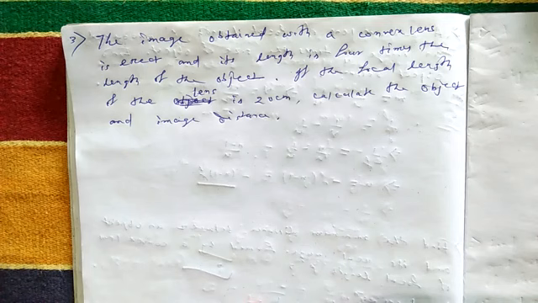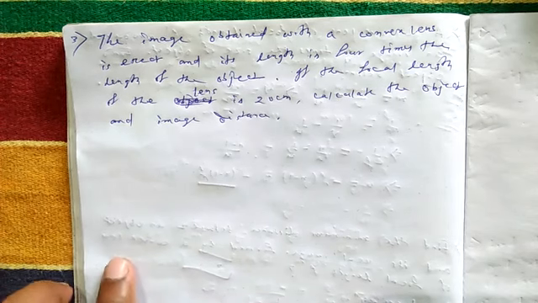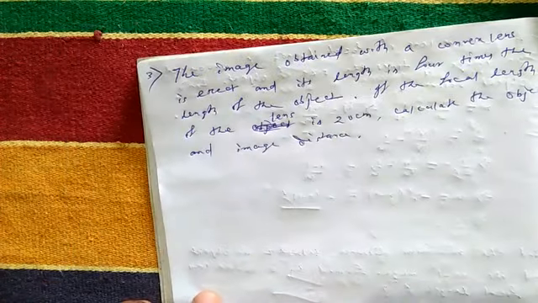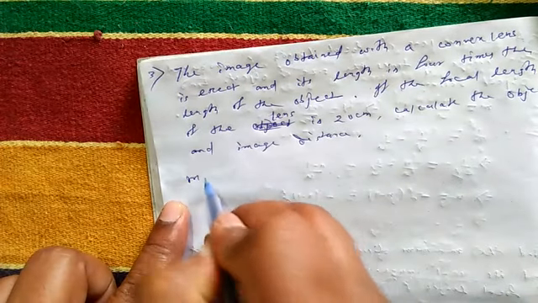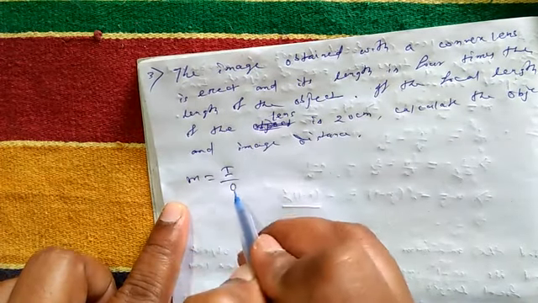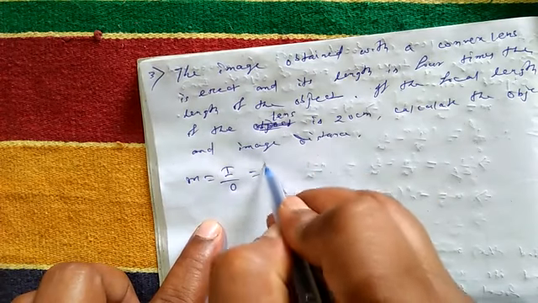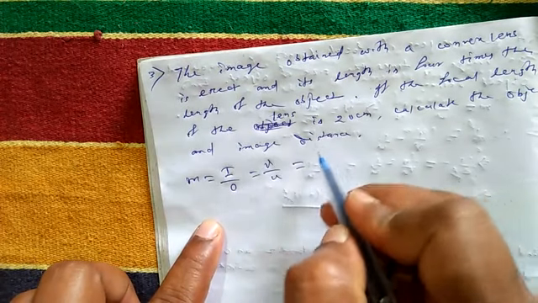So here given, this is obviously virtual image because the image is erect. That is why it is virtual image. So the magnification is given m is equal to I by O is equal to V by U is equal to 4.